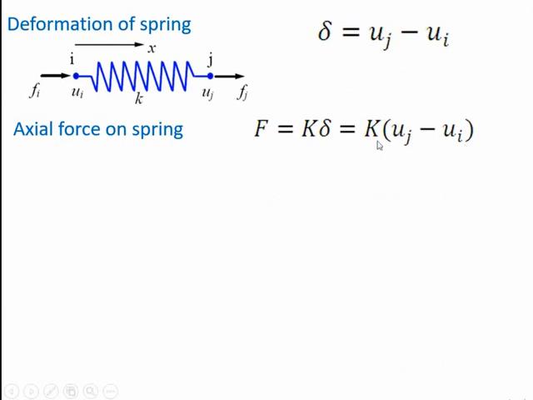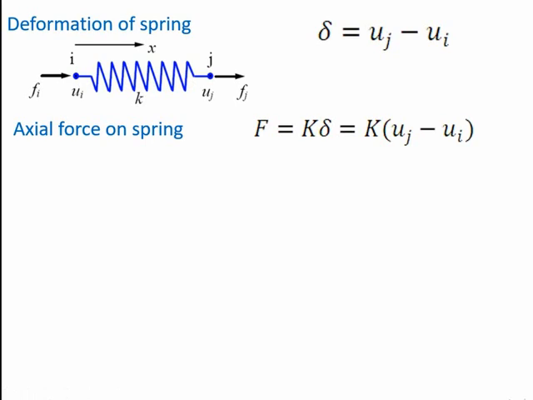Now when we write this equation for node number I and node number J, at node number I you have a force. It may be in the right direction or in the left direction, that depends upon your problem. But what we can say here is that the force at node I equals the force at node J. That means if this spring is in equilibrium, then the algebraic sum of all forces is equal to 0.